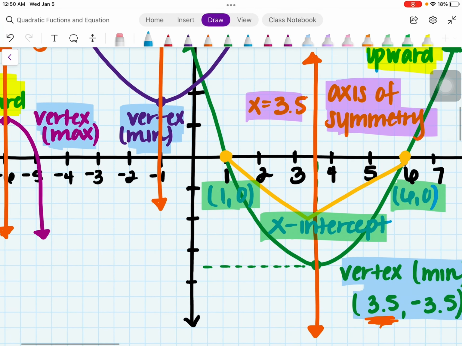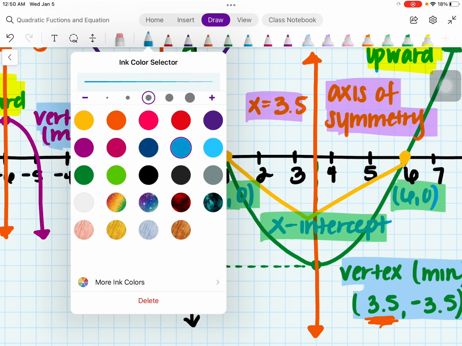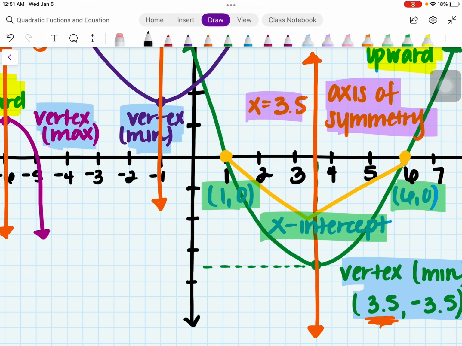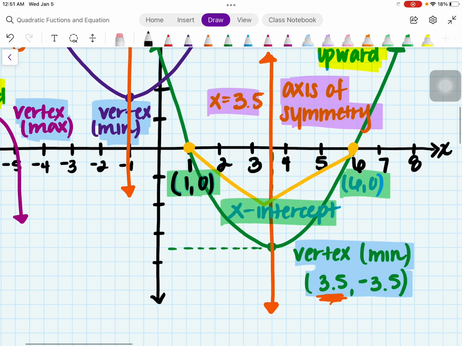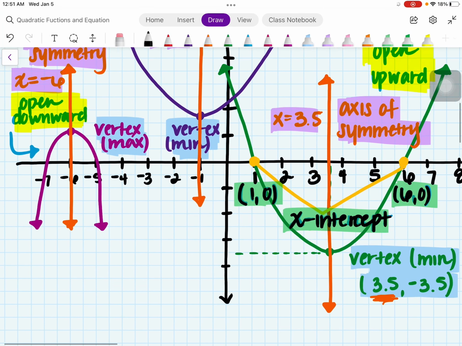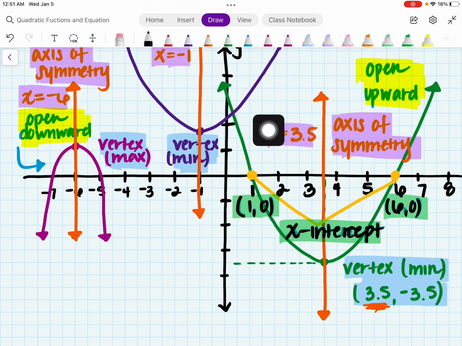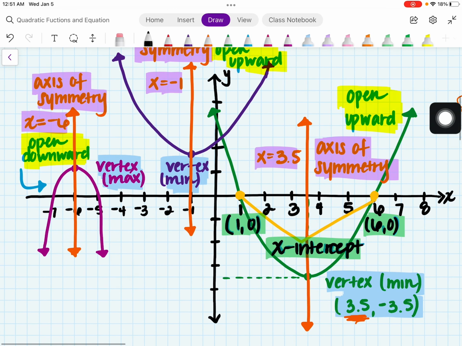Now, if we take a look at this purple one here, the question for you guys is, does this purple parabola cross our x-axis at any point?